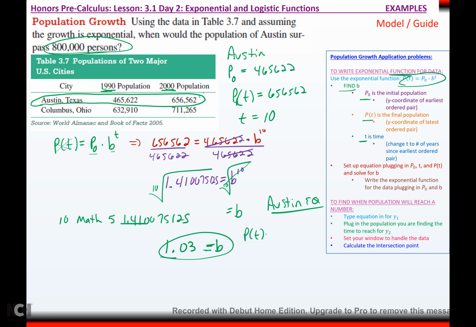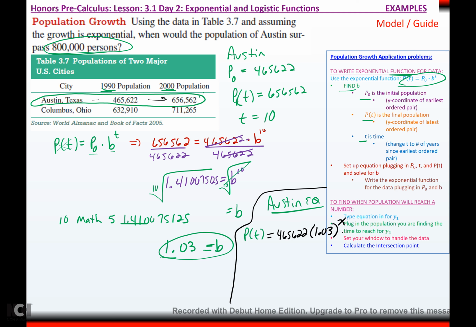P of T equals 465,622 times 1.03 to the x. Okay? And again, I'm not going to put in 10. 10 was just my time for this particular set of data, and all that allowed me to do was find my base.